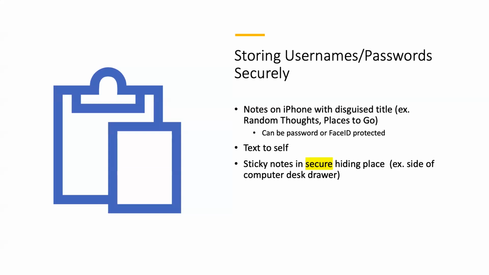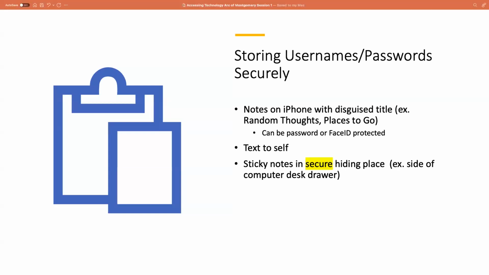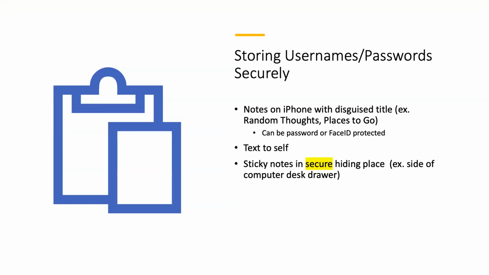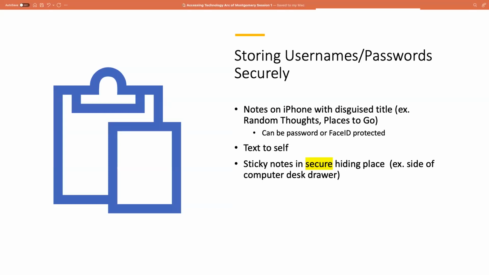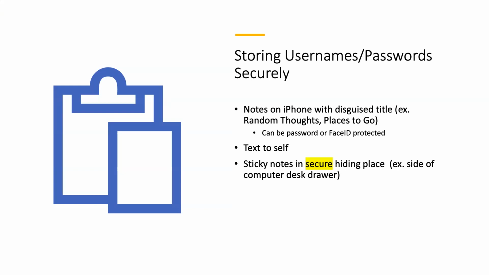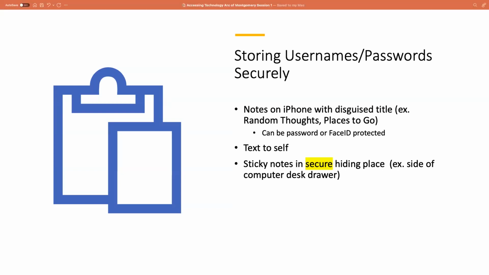But the students that I worked with would label it something like places I want to go, and it was all their passwords, or favorite shopping places, favorite movies, so that it was a disguised title. Nobody knew, hey, passwords, that's the title of the notes, right? Passwords all right there. So they would actually disguise it, or like my dog's names or something like that.